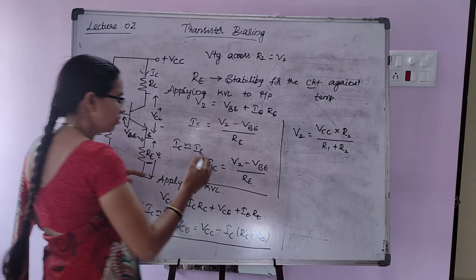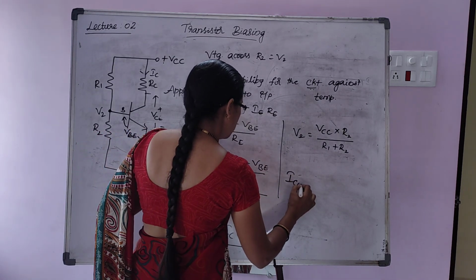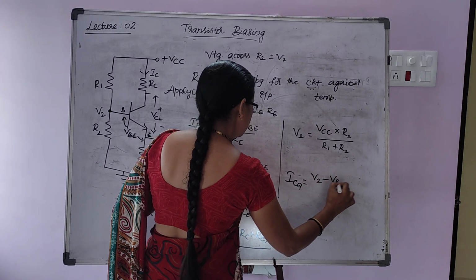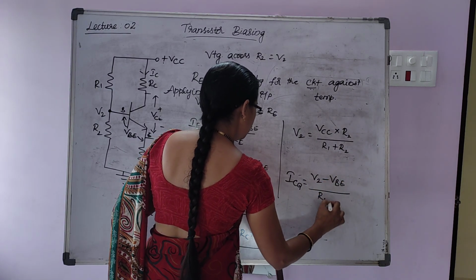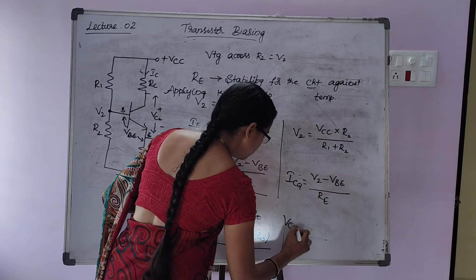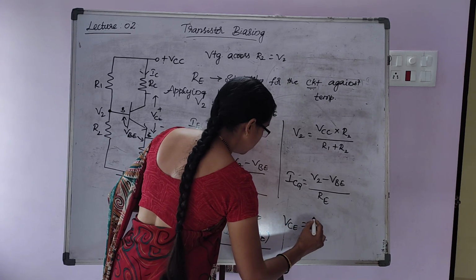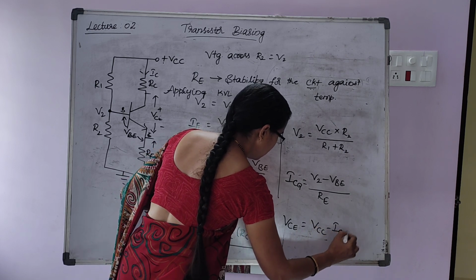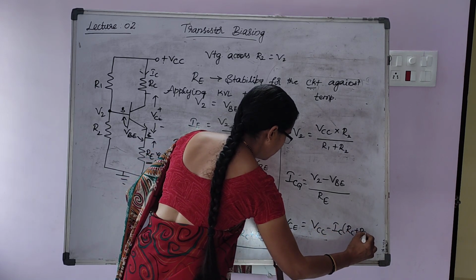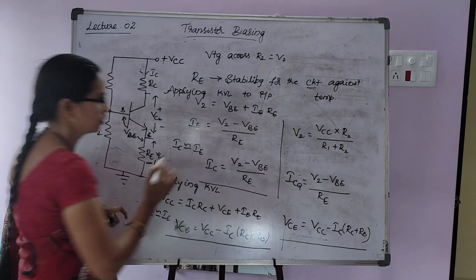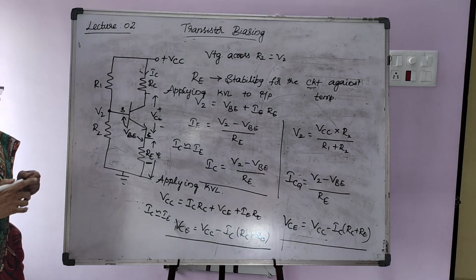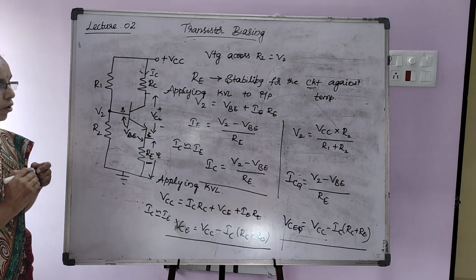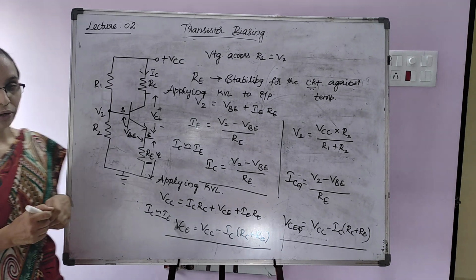The coordinates of the Q point are ICQ equal to (V2 minus VBE) divided by RE, and the x-axis coordinate, VCEQ, equal to VCC minus IC times (RC plus RE). This is how we can find the coordinates for the Q point.